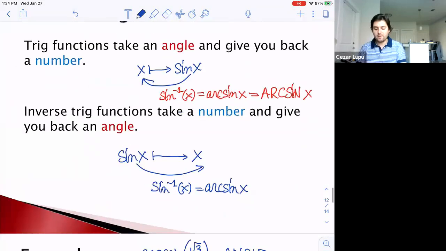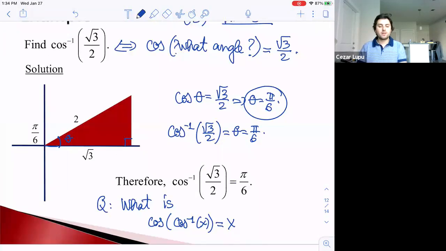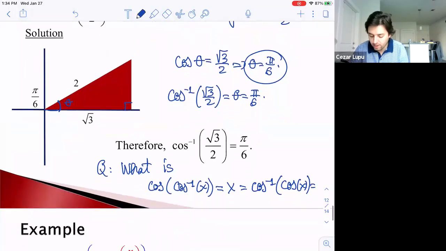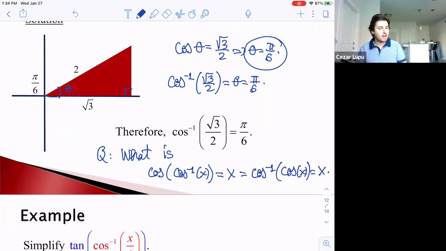I have here cosine of cosine inverse of x is x, but also if you write cosine inverse of cosine of x, this will also give us x, right? Keep that in mind. When you compose a trigonometric function with its inverse, it will give you the identity, no matter the function.